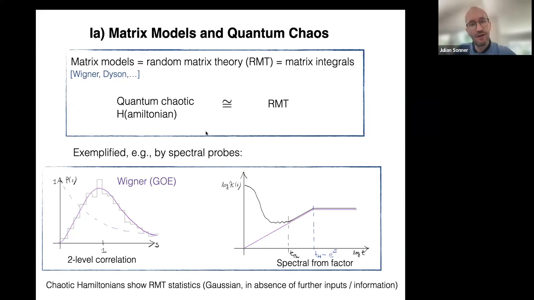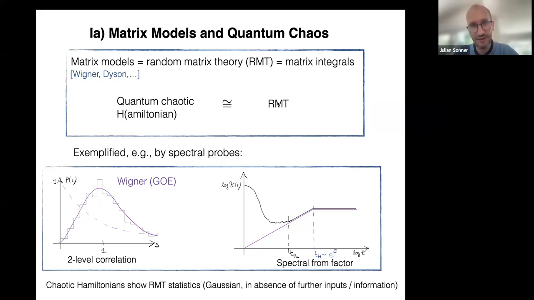So in this context, it is understood that if you look at the Hamiltonian of a system that is chaotic, then the spectral properties in a statistical sense, you can describe by, instead of thinking about that fixed Hamiltonian, for example the Hamiltonian of a complicated nucleus, or in our case, of a gravitational theory, you can replace this Hamiltonian by an average over matrices, which stand in for the original Hamiltonian.